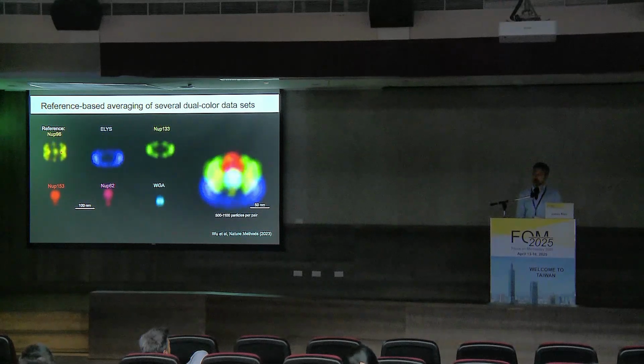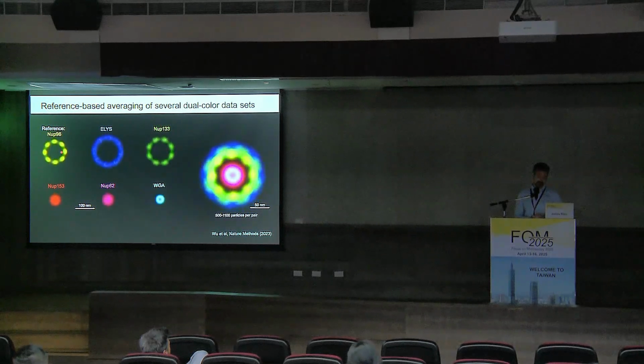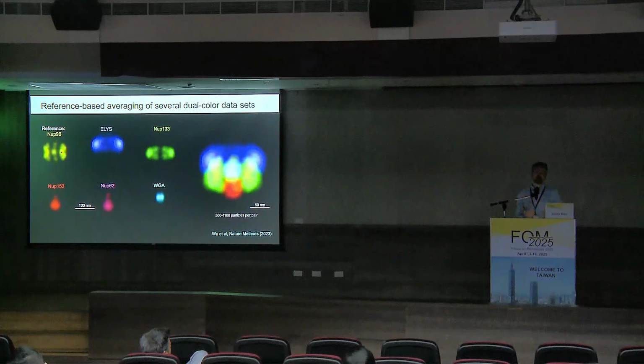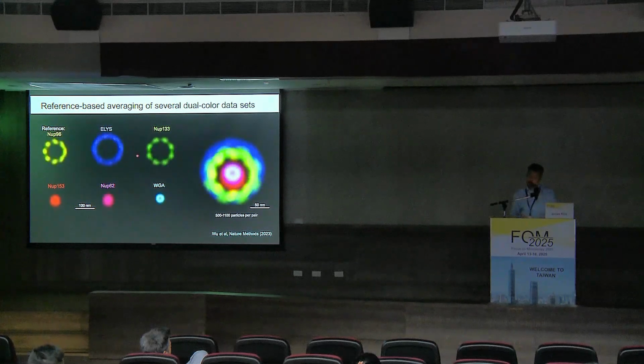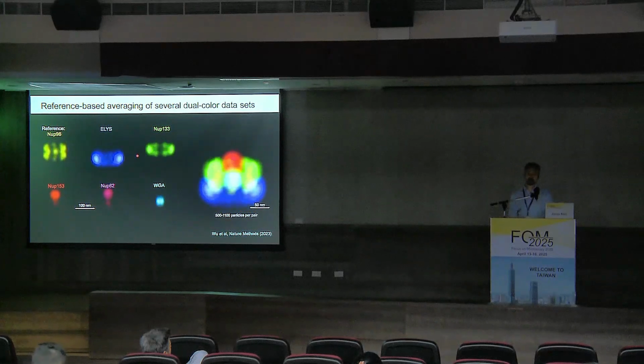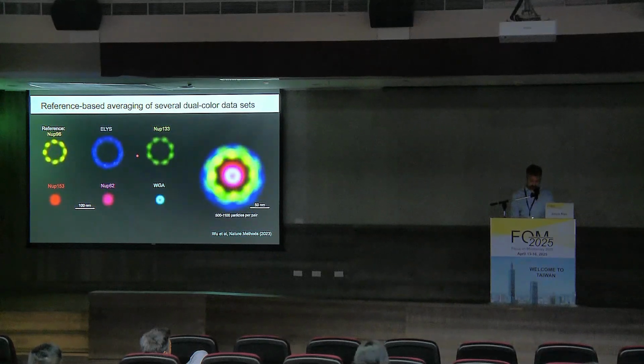By then registering all of the NUP96 particles, we automatically registered all of the other colors in each data set, but also could combine all the data sets into one common coordinate system. And I think approaches like this might be useful in the future to find out the position of proteins that might be too small or too flexible to be visible in electron densities.